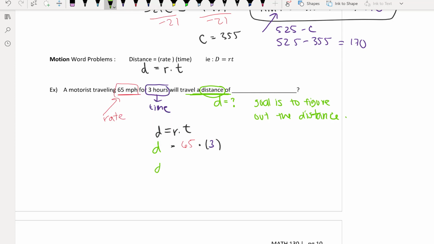So now I know that my distance is going to be 65 times 3, which gives me 195. So it's 195 miles. And if you want to think about it, mph is your miles per hour, so you know that you're thinking about your distance in miles.